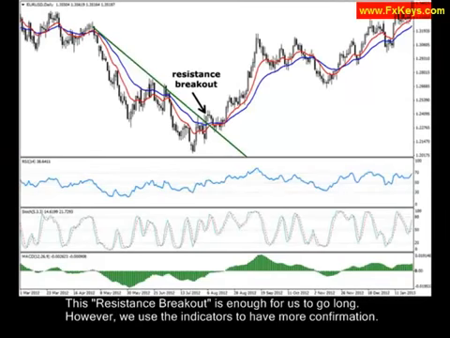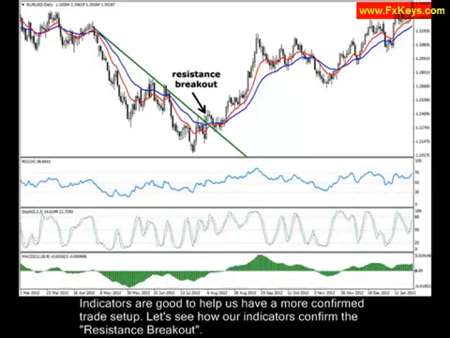This resistance breakout is enough for us to go long. However, we use the indicators to have more confirmation. Indicators are good to help us have a more confirmed trade setup.